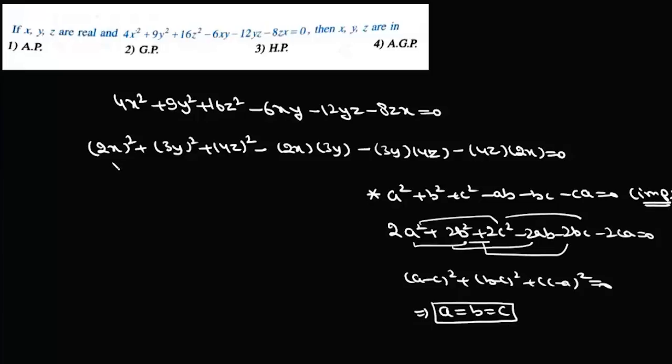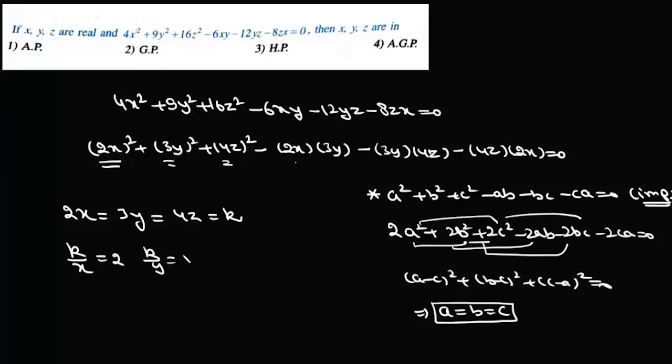So in this case also, this is a square plus b square plus c square minus ab minus bc minus ca equals 0. That means from here we get 2x equals 3y equals 4z, and suppose this is equal to k. Now k by 2x, k by 3y... so k by x equals 2, k by y equals 3, and k by z equals 4.